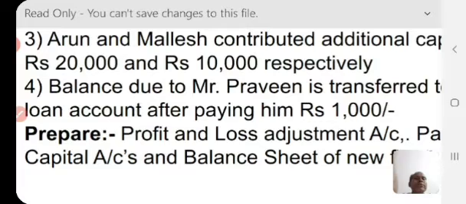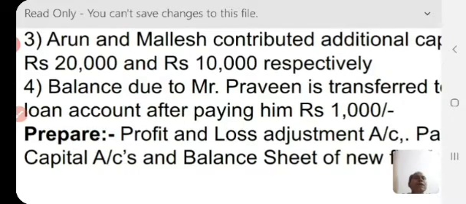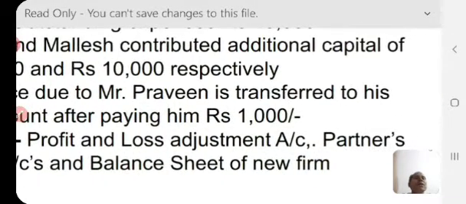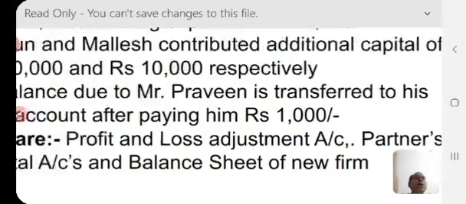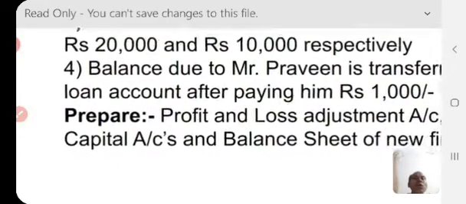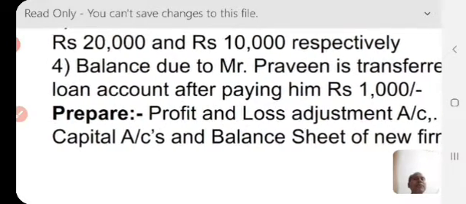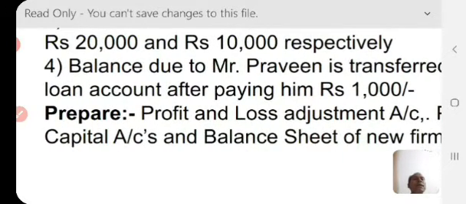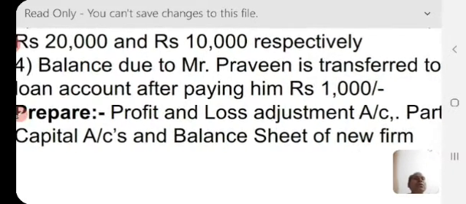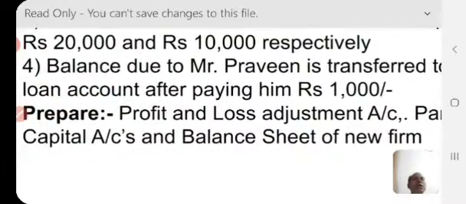Balance due to Mr. Praveen is transferred to his loan account after paying him rupees 1,000. First we have to pay 1,000 rupees. Remaining balance is transferred to his loan account.